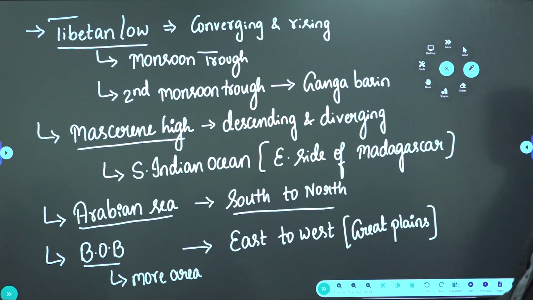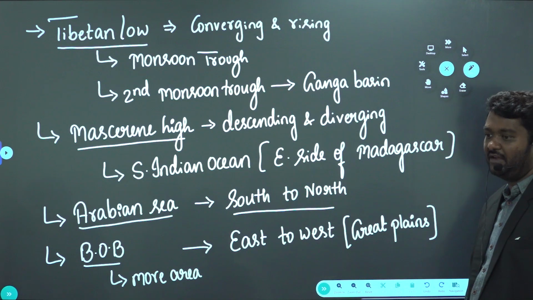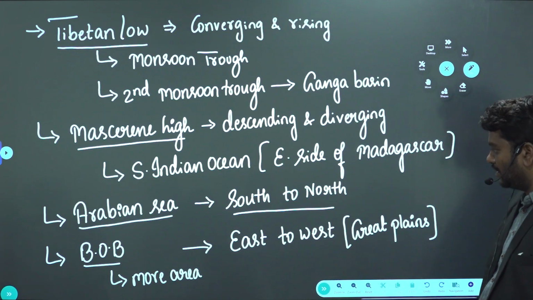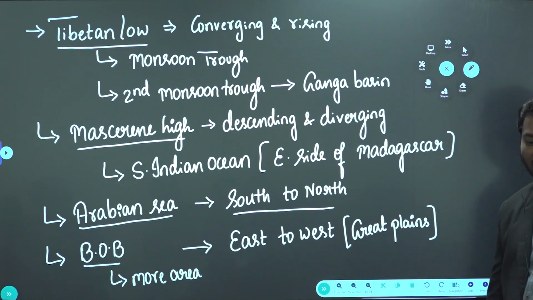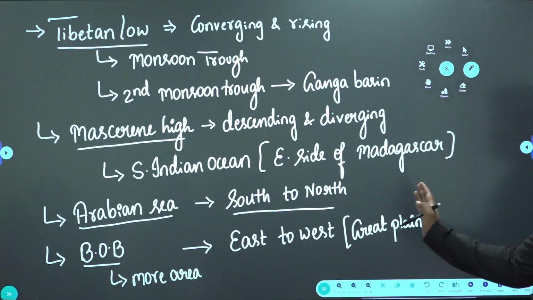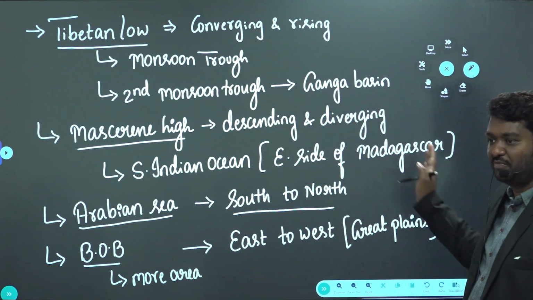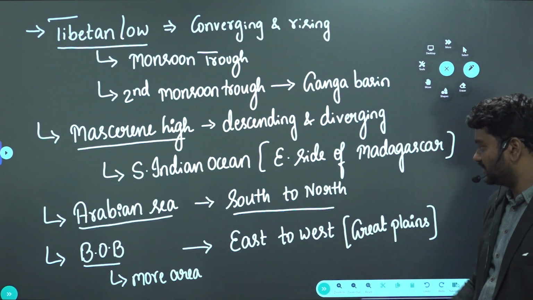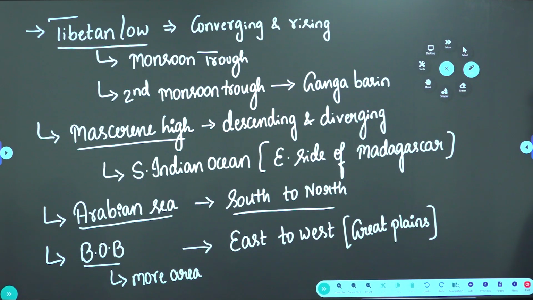East to west, cities they will give like Varanasi, Amritsar, Delhi, Patna. First is which one? Patna, Varanasi, Delhi, Amritsar. It should be from where to where? East to west. Done. Next.